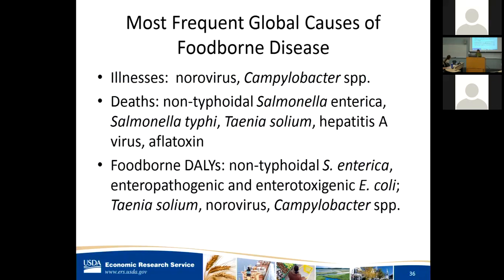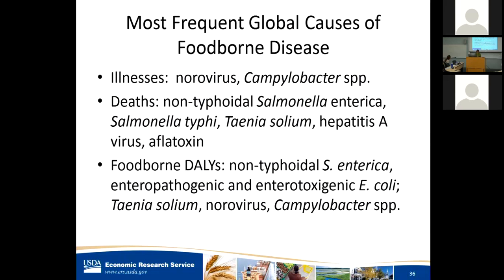So these are some of the most frequent causes of foodborne disease globally. For illnesses, of course, norovirus, as you would expect, but also Campylobacter. For death, non-typhoidal salmonella, Taenia solium, hepatitis A virus, and aflatoxin. And in terms of the disease burden, salmonella and enterotoxigenic E. coli, as well as the Taenia and norovirus and Campylobacter.